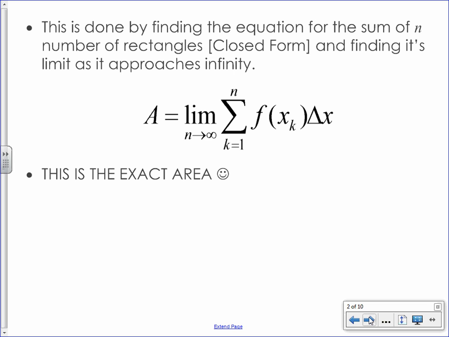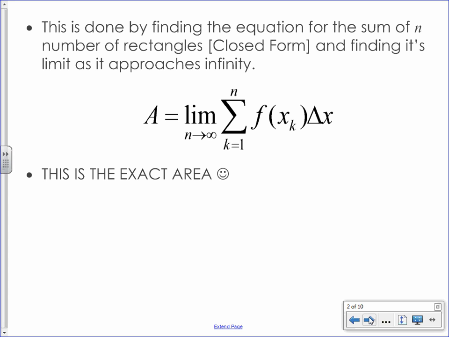Limits, yay! We are going to find an equation for the sum of n rectangles and then take the limit as we approach infinity. So this is representing that we are going to add up rectangles. The height times our thickness, that's how we found our rectangles, correct?